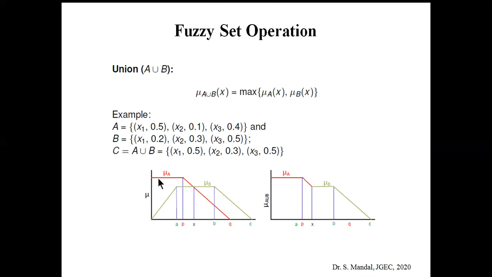If we plot graphically, here you can see that this one is mu A, described by the red color, and mu B is described by the faded green color.